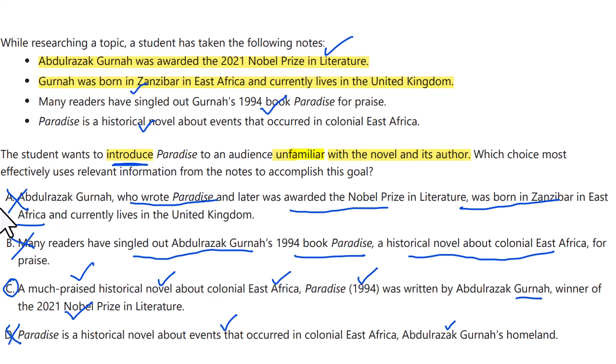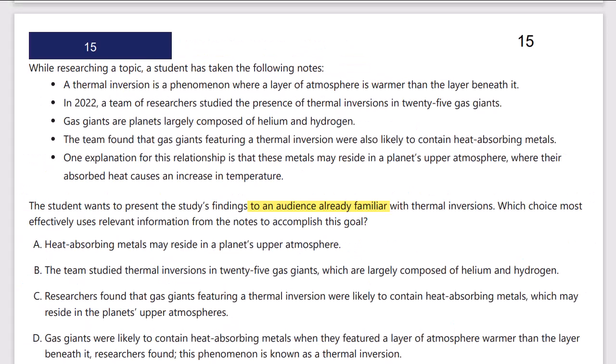be the best answer. Let's look at a slightly harder example, and this time with the familiar, not unfamiliar prompt. So in this case, the student wants to present to an audience already familiar. In this case, it's not a person the audience is already familiar with. It's the thermal inversions.